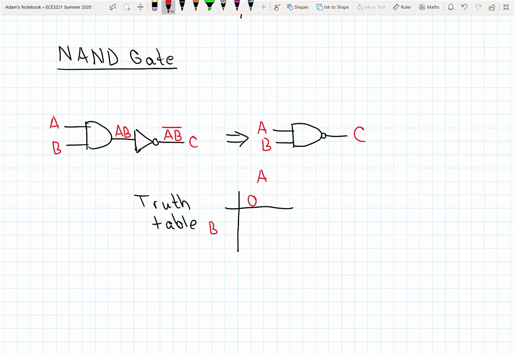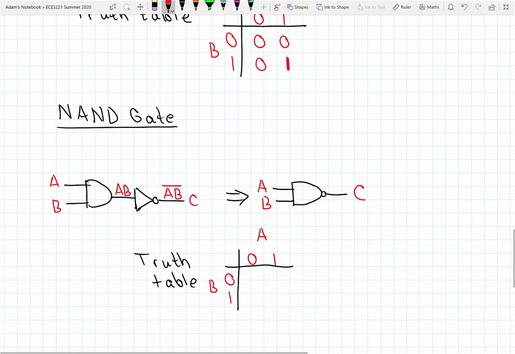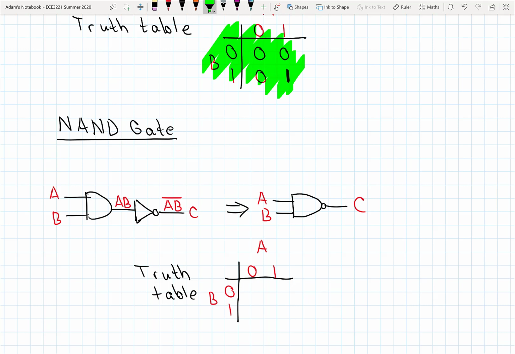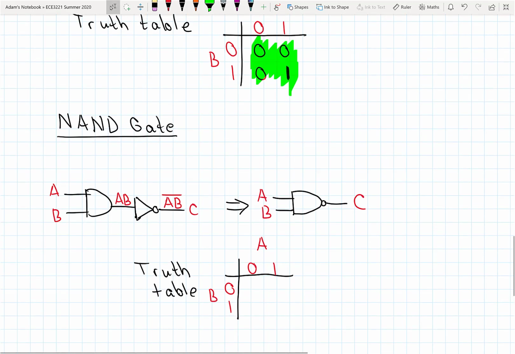So we look above, up here for our AND gate, this is what we would have seen on the output. The output of the NAND gate goes through a final inversion, so all of those outputs will be the inverted form of what we saw with the AND gate.